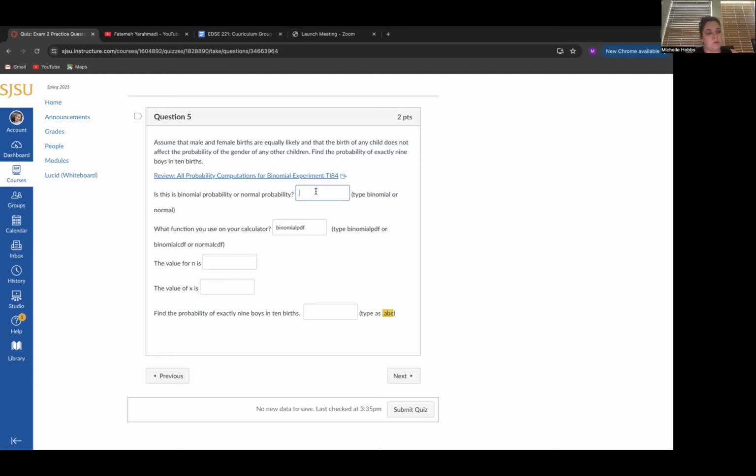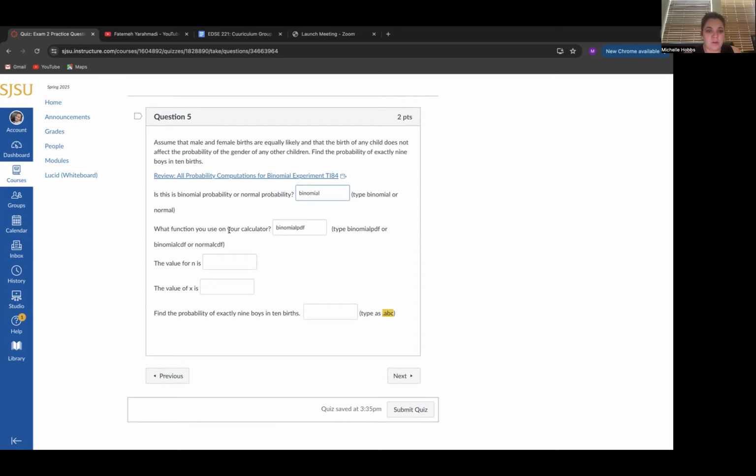Is this a binomial probability or a normal probability? I'm going to type that it is binomial. And that is because each birth for this question would be an independent trial with two possible outcomes, boy or girl.